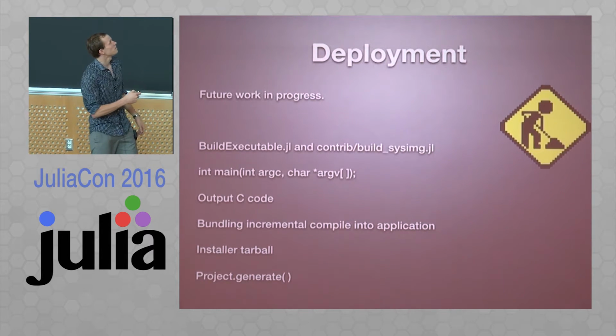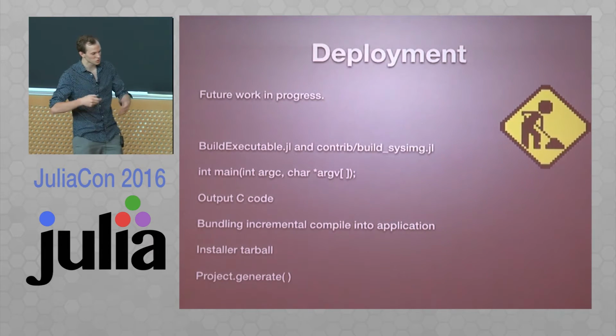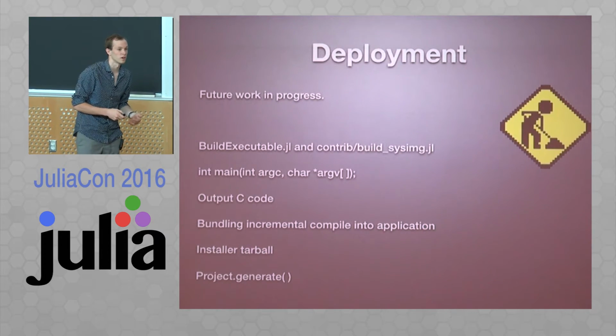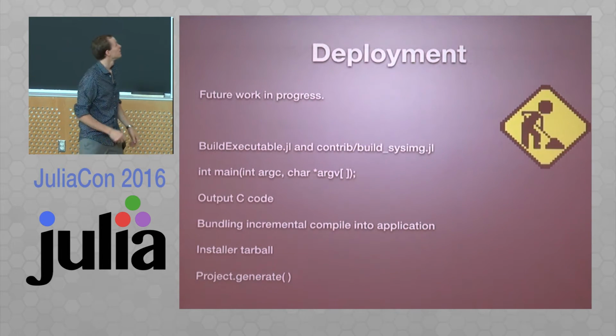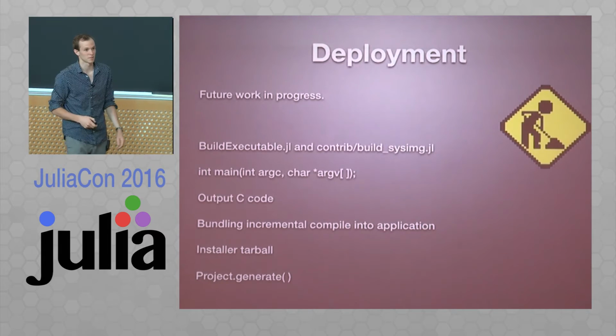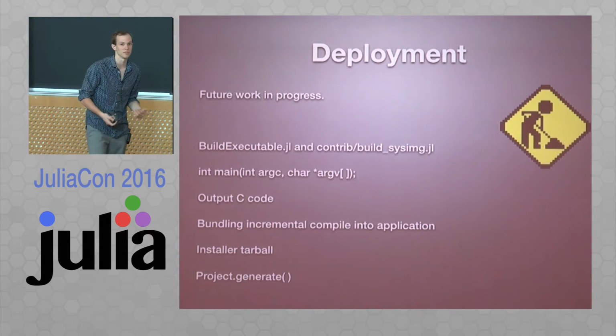They'll sort of generate a main function for you. So these tools are available, and I think a lot of them work, but the tooling is just not really there yet. And that's something we're definitely going to be working on in the near future to try to make that a lot more predictable and reliable and easy to use.